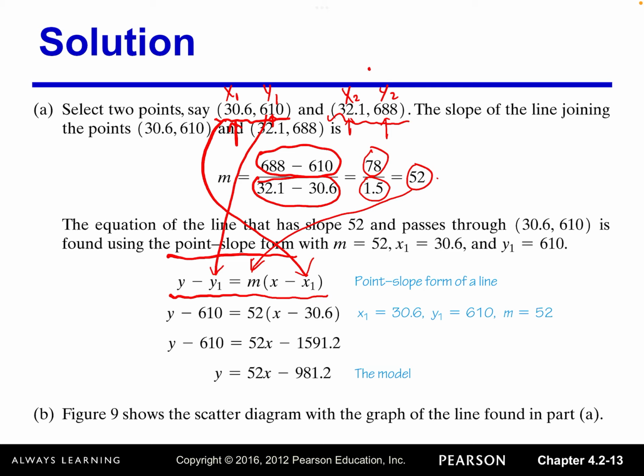So we get this linear function: y minus 610 equals 52 times x minus 30.6.